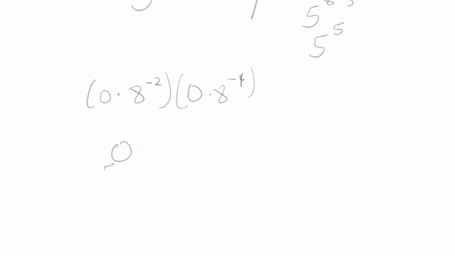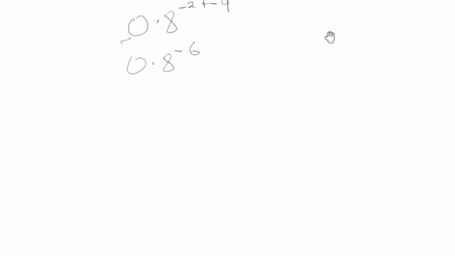If I keep 0.8 as the base and add the exponents, negative 2 plus negative 4 gives me 0.8 exponent negative 6. Or I can change it to positive exponent and work it out, and I'm going to get the same thing.